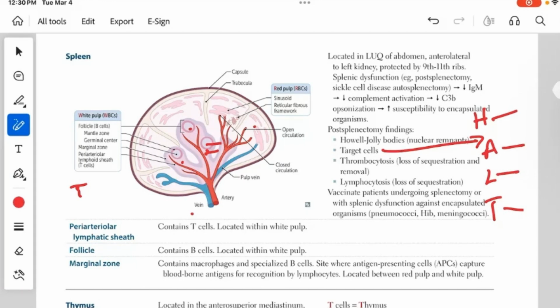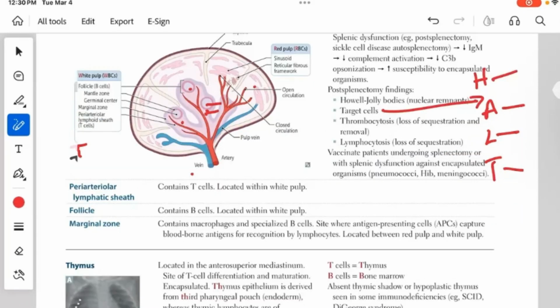Those are conditions in which you see target cells. Not relevant here, but when you get to hematology and you see target cells, you know that HALT is part of what accounts for them. Those conditions can give you target cells.